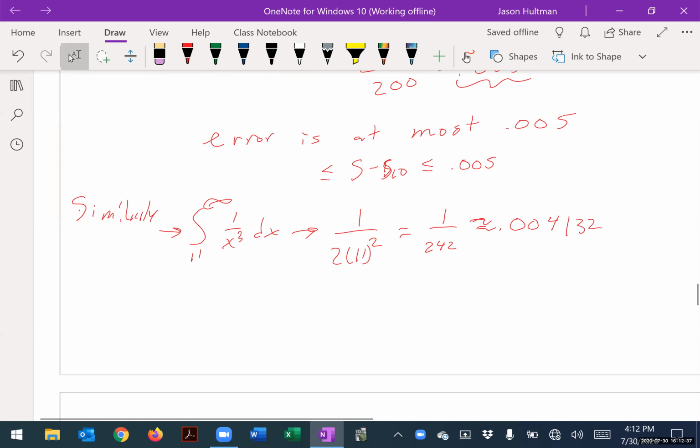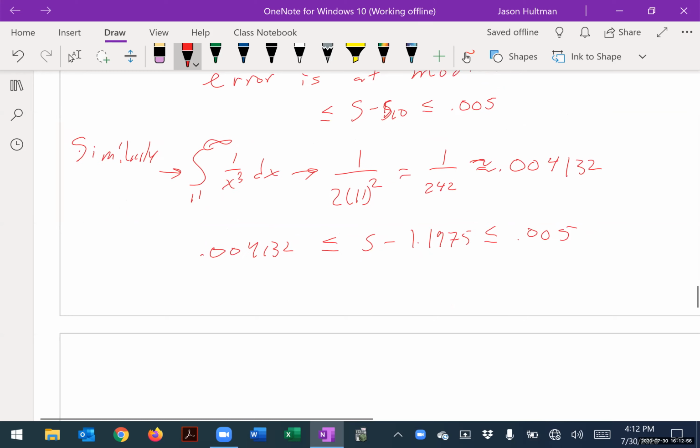So we know that 0.004132 is less than or equal to S minus S10. But what was S10? We calculated that to be approximately 1.1975, which is less than or equal to 0.005. So let's just add 1.1975 to both sides.